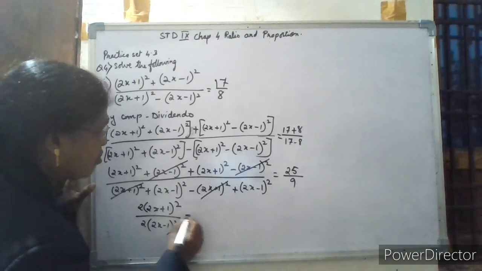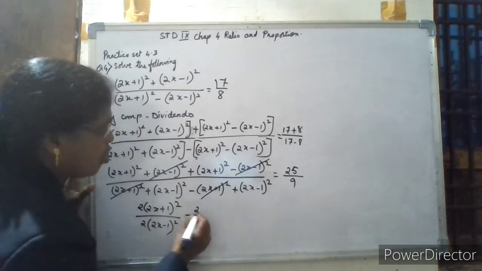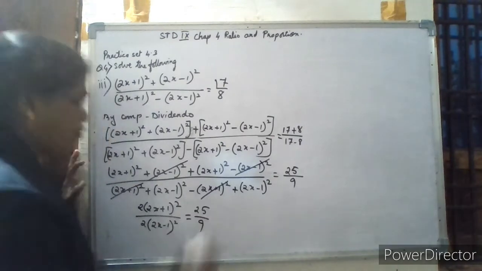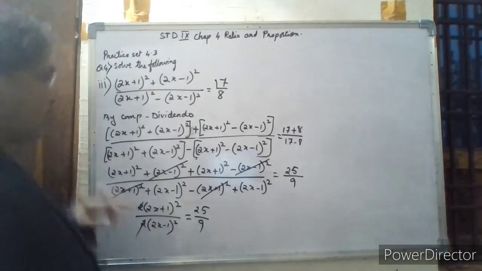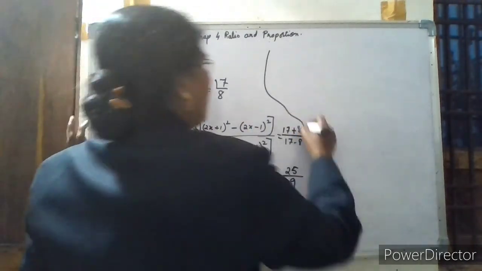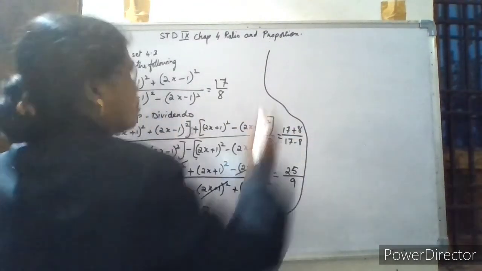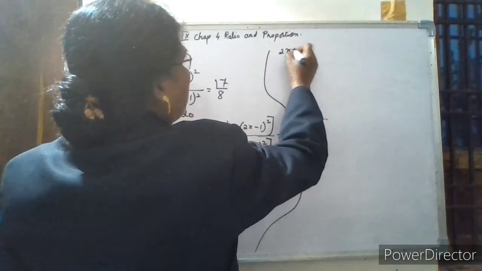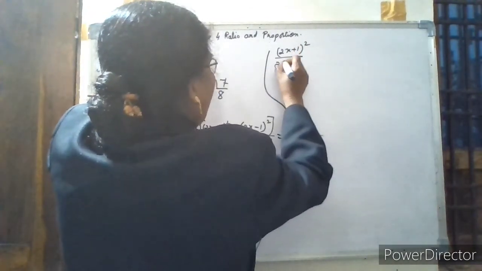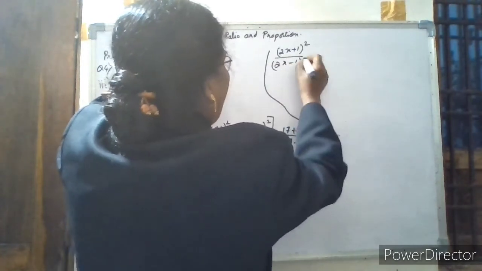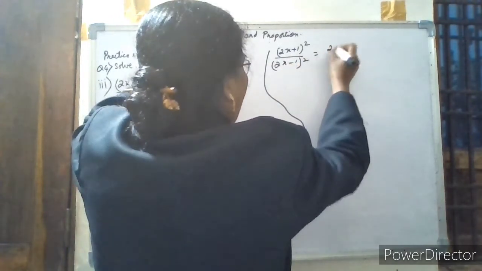This is equal to 25 by 9, what we had got. Now this 2 and this 2 also will get cancelled. So we are left with 2x plus 1 the whole square upon 2x minus 1 the whole square. It is equal to 25 by 9.